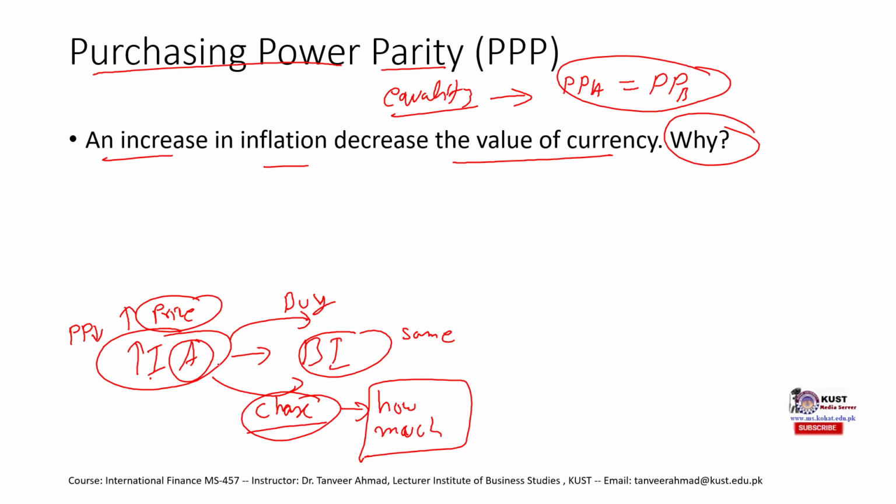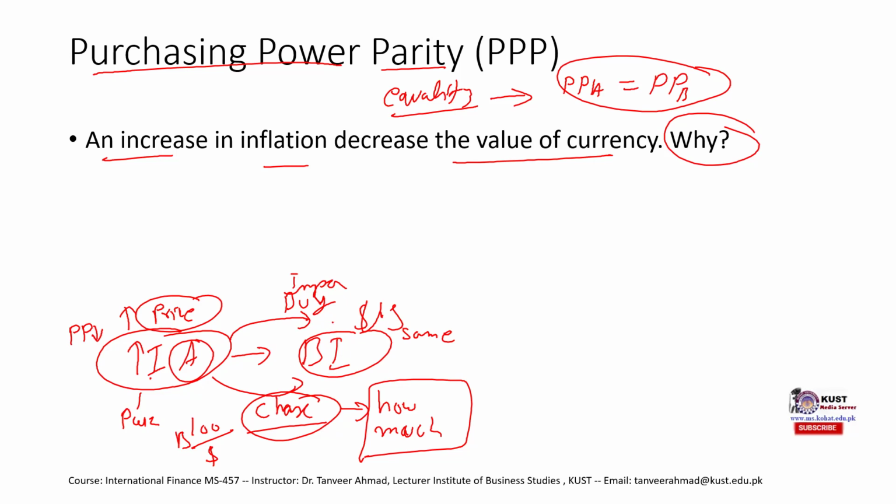If we continue this example, if there is inflation in country A, its prices would increase. Let's say this country A is Pakistan, and country B is, say, the US. Currently, say $1 is equal to 100 rupees, this is the exchange rate. If there is inflation in Pakistan, prices of commodities would increase, and Pakistan would start importing from the US, because for Pakistani citizens, the US products now become cheaper.